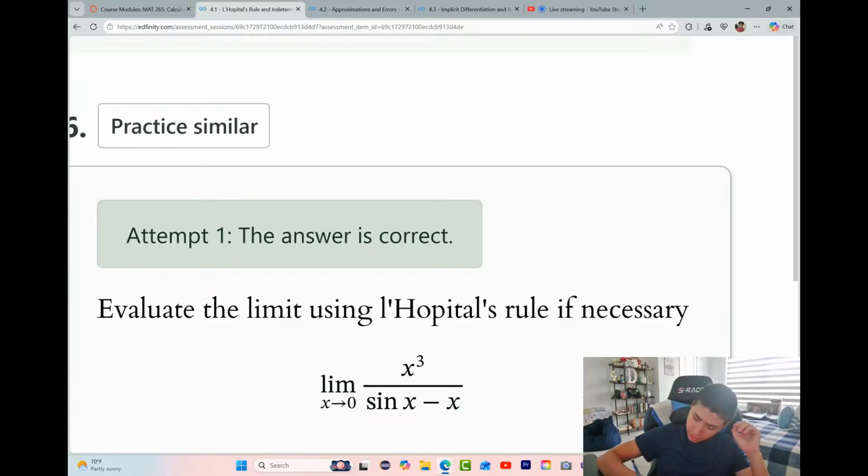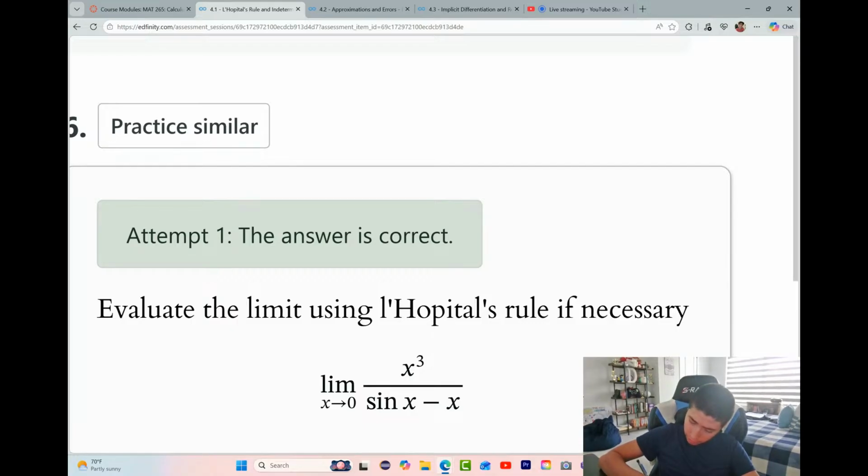That's 6x, over d/dx of cosine of x minus 1, which is negative sine of x. Plugging in 0, we get 0 over negative 0, which is also an indeterminate form. So it looks like we've got to apply the rule again.